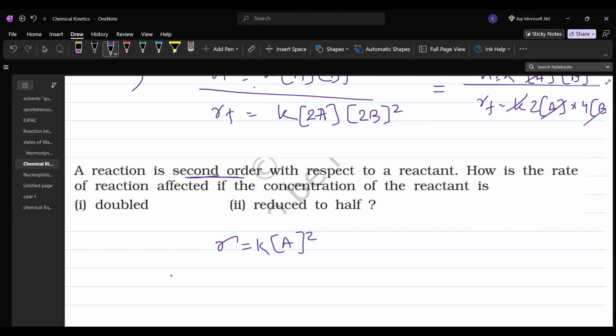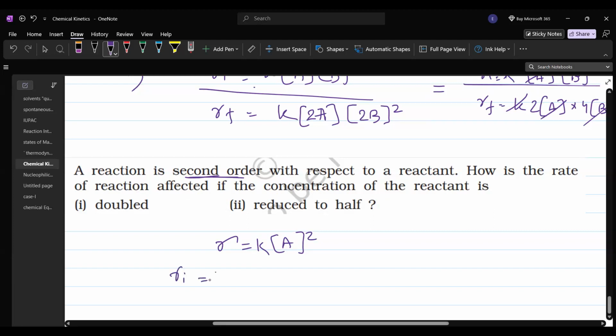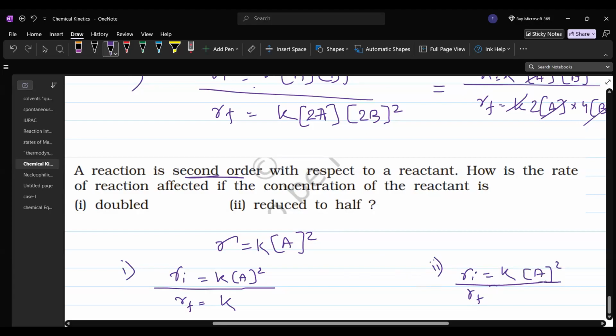So let's try to solve this. So Ri, you can try it also in your copy notebook. And Rf, I'm not completing this. Write yourself. Look, this one is little unique.